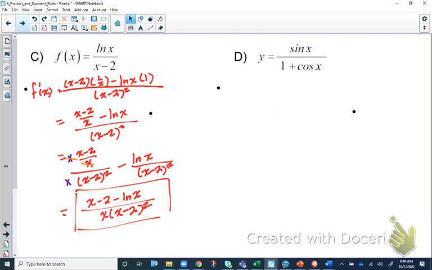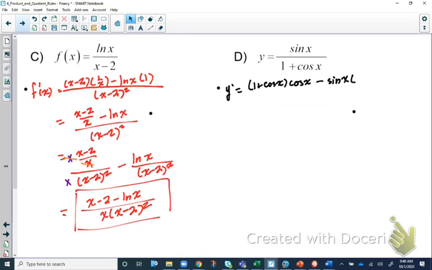Here, the next example, D, where we're using our trig stuff, same idea, low D high minus high D low. So here, y prime will be equal to 1 plus cosine of x, and the derivative of sine is going to be another cosine of x, and then we're going to subtract the high part, sine of x, and the derivative of the low part.